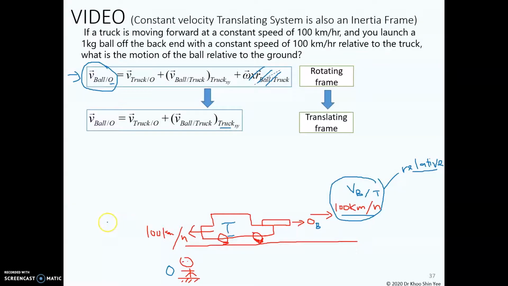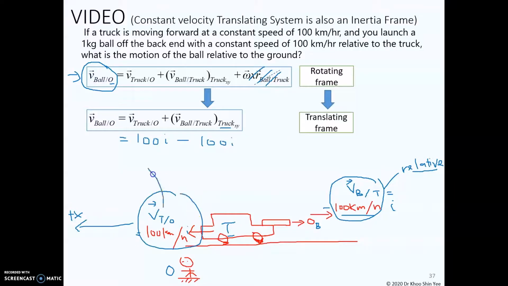Let's assign the coordinate for this system. We need 1D. Let's say this is your x direction in positive. Then this will be equal to negative 100 km per hour in the i direction. And then this will be your velocity for the truck with respect to O, and it will be equal to 100i.